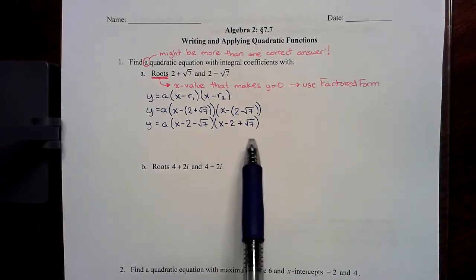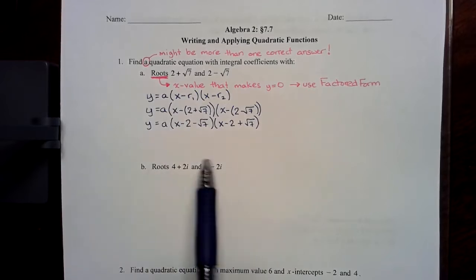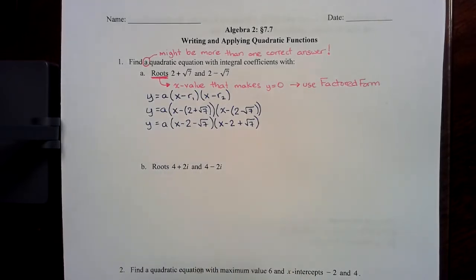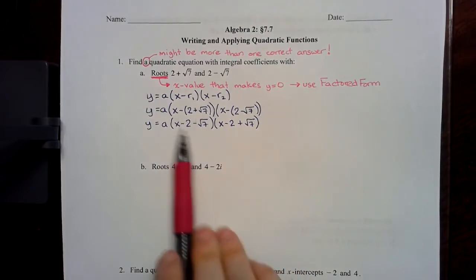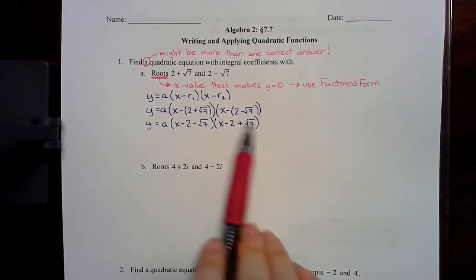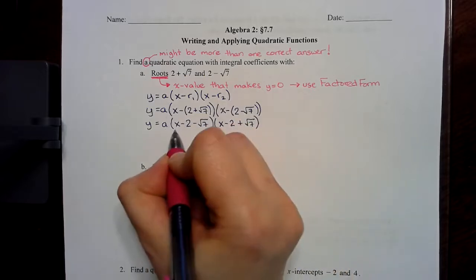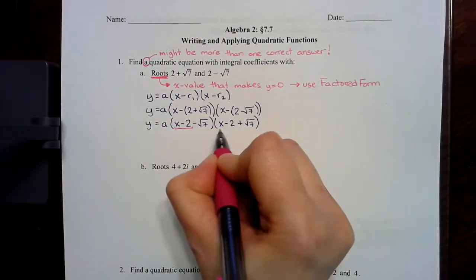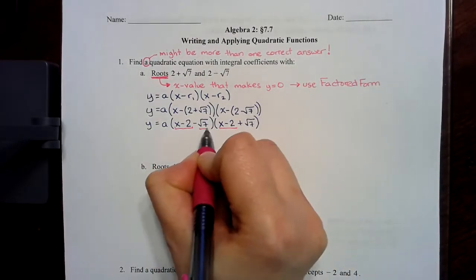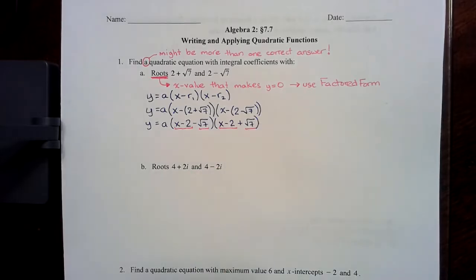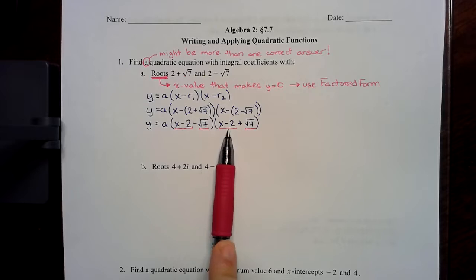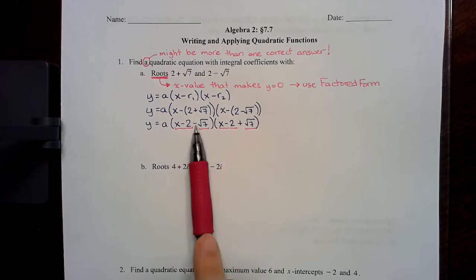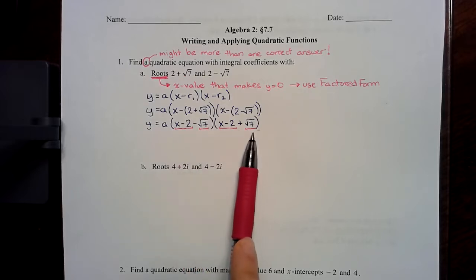Now, this doesn't look like a pile of integers, so we are going to have to multiply this out. You can do that by multiplying all the parts of the first one times all the parts of the second one. But there's a little bit of a shortcut here. If I break it up this way, I have x minus 2 as the first part, and either plus or minus root 7 as the second part.